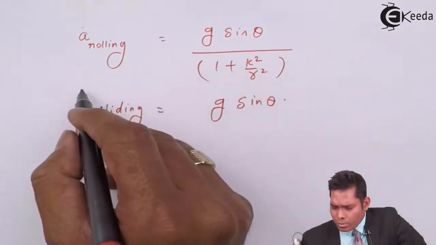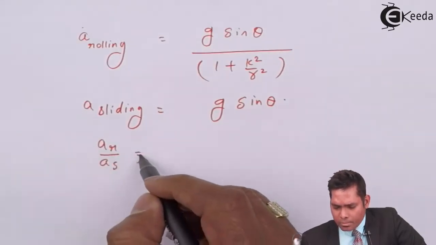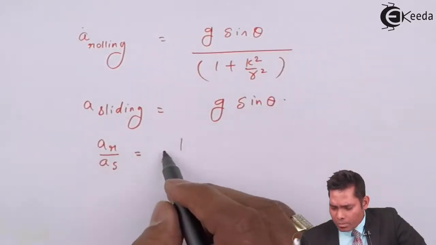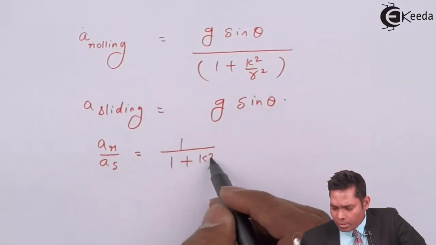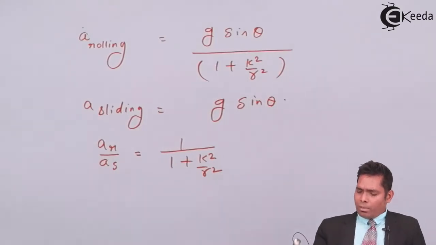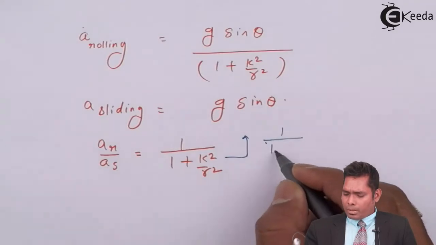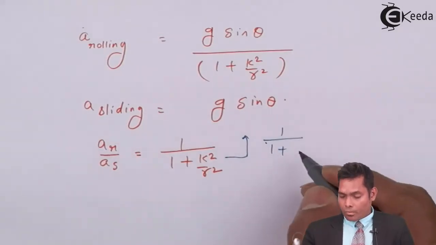If I divide these two, a rolling by a sliding, g sine theta will cancel out, and it becomes 1 divided by 1 plus k square by r square.